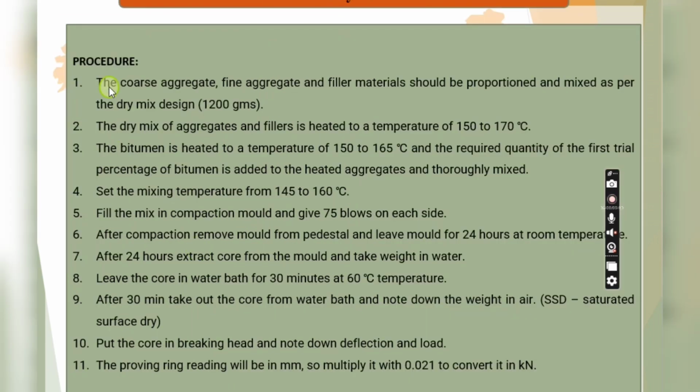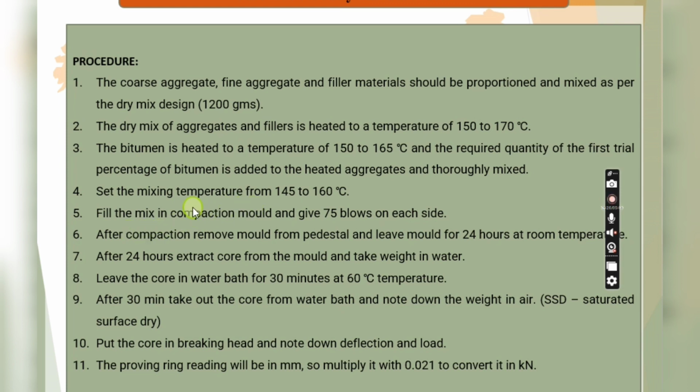So here is the procedure. Procedure is basically that initially we prepare our mold and a dry sample of 1200 grams, and then we add the bituminous material, which is initially prepared at a temperature of 150 to 165.